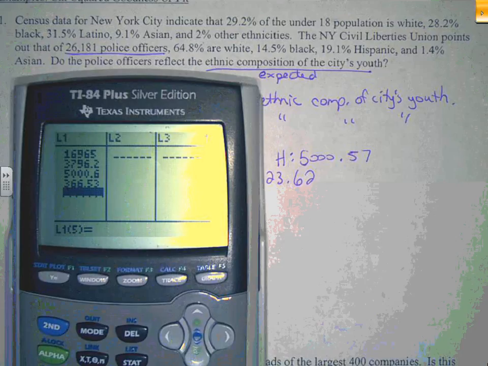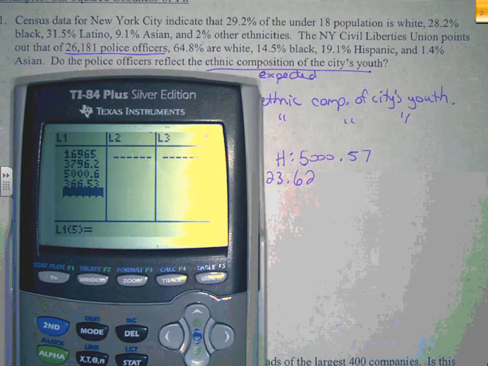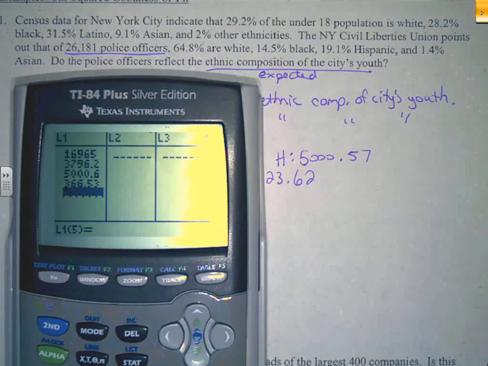We still need one more piece of data. How can we figure out the other category? Someone calculate what percent were other.